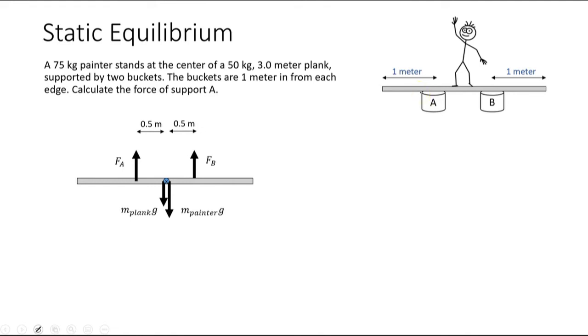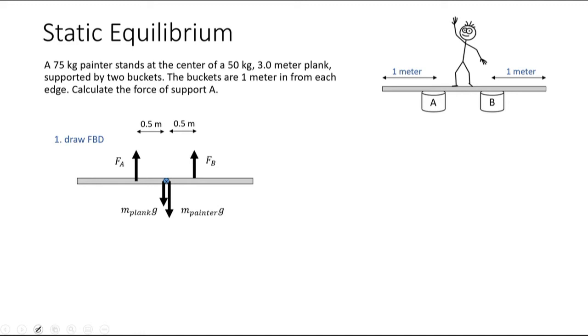Okay, so first step for this, I would go ahead and draw a free body diagram. Here is an example of what I was talking about, where instead of really just drawing a free body diagram as in all of my forces acting on a point, now since we're going to be thinking about torques, it's useful to draw this extended free body diagram. So I've actually sketched out my plank, and I've sketched out the locations where each of my forces act.